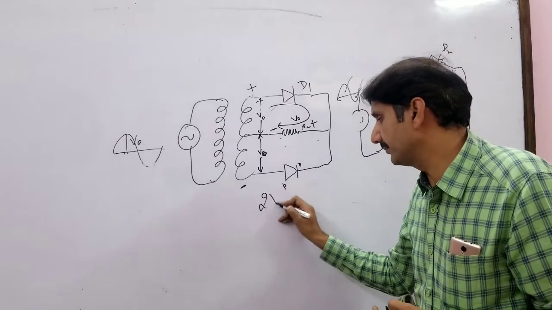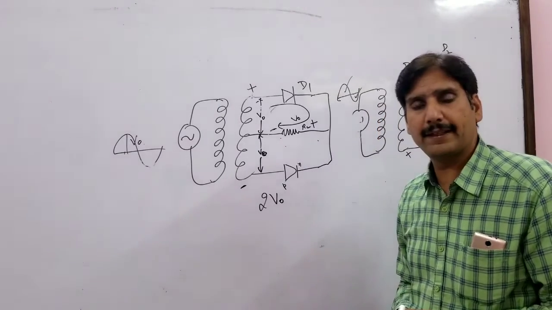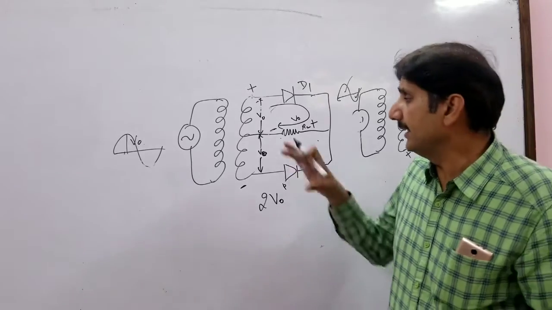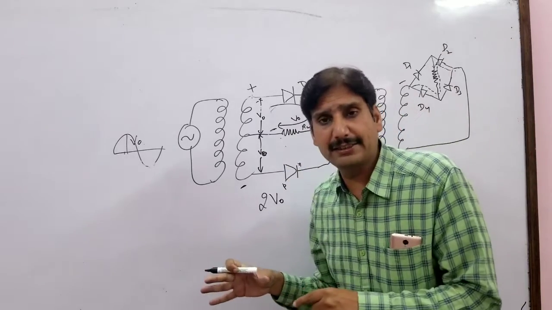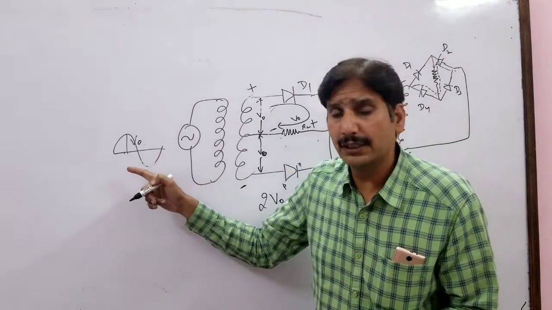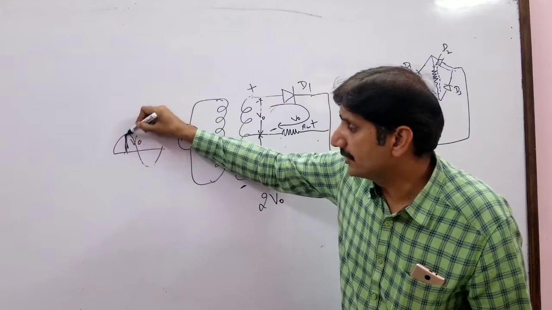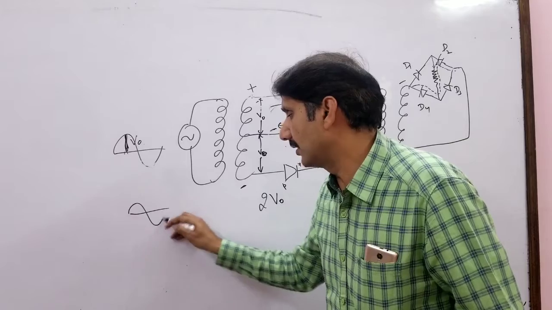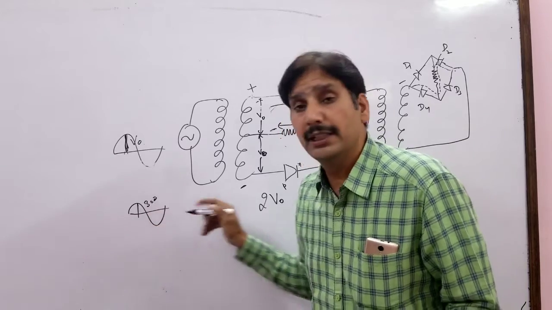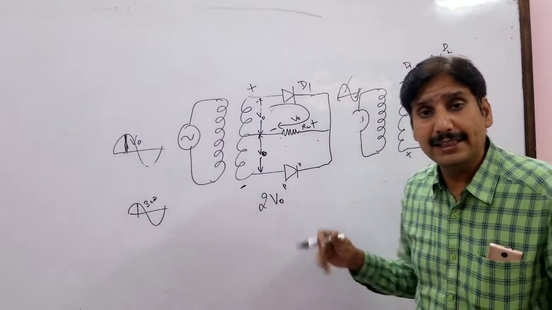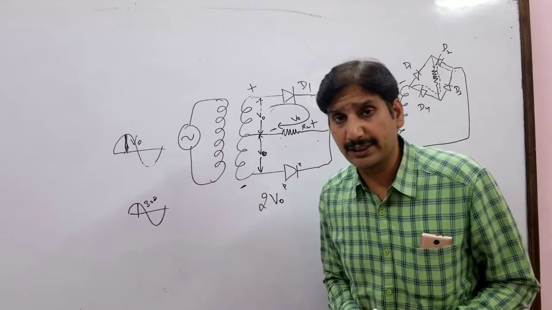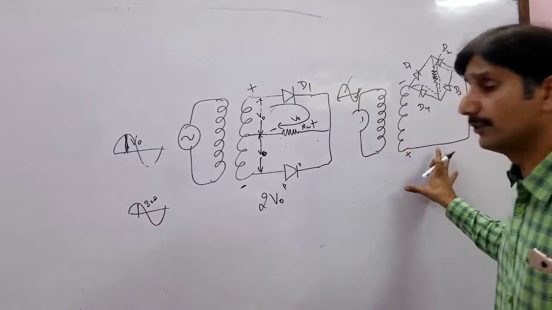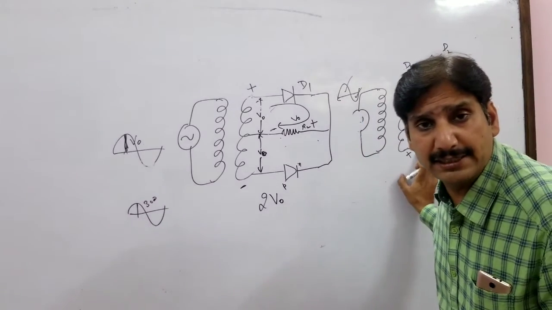It's 2V0. So peak inverse voltage in case of center tap type rectifier is twice the peak voltage of the input signal. Let's say if the input signal has got a peak at 300 volt, the diode will have to withstand 600 volt during its non-conducting state.